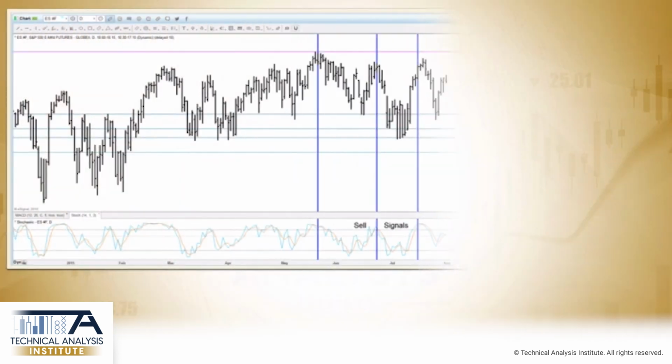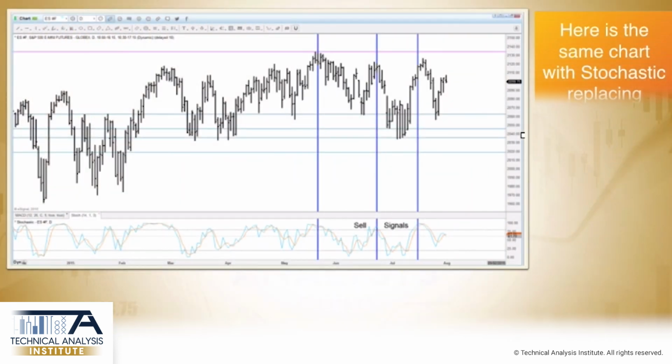Now let's look at the same chart, but with the stochastic indicator. The vertical lines are in the exact same position, but instead of giving us buy signals like the MACD did, the stochastic gives sell signals, which all lead to very profitable trades.